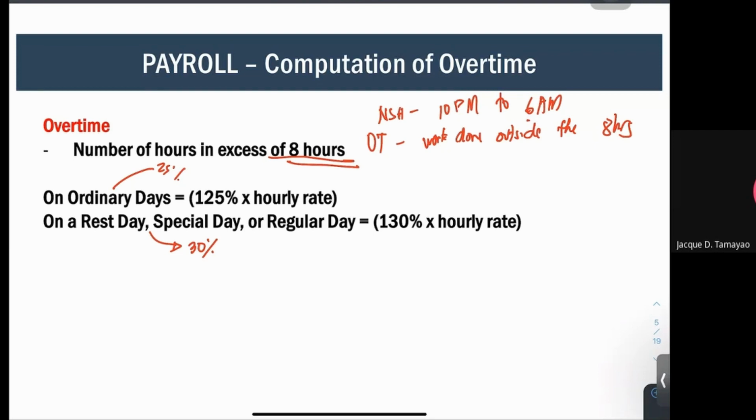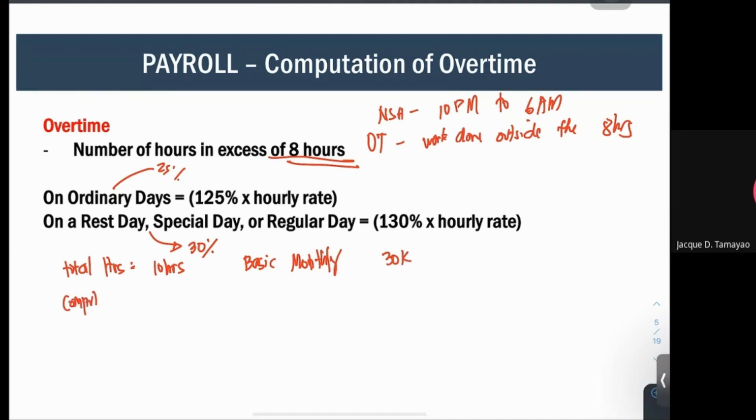Okay, so for example, total hours work is 10 hours. Basic monthly is 30,000.